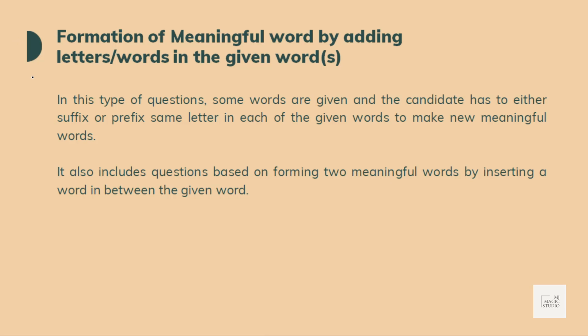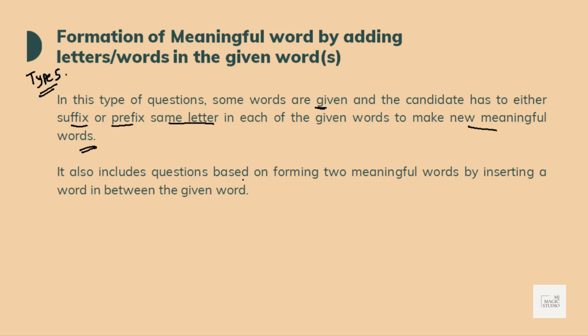Okay, type 5. These are type 5 questions on formation of meaningful words by adding letters or words in the given word. In this type of question, some words are already given, and as a candidate, we have to either suffix or prefix some letter in each of the given words to make new meaningful words.